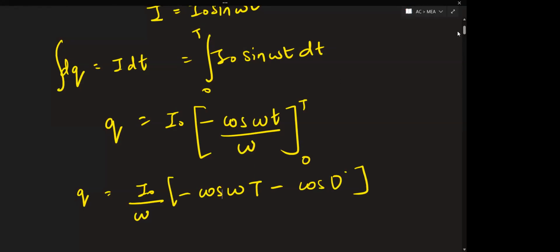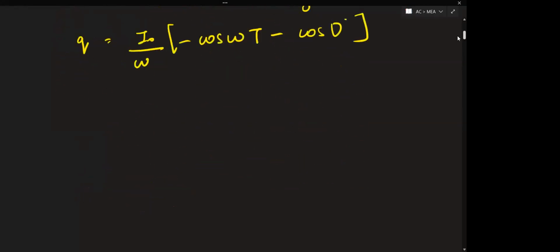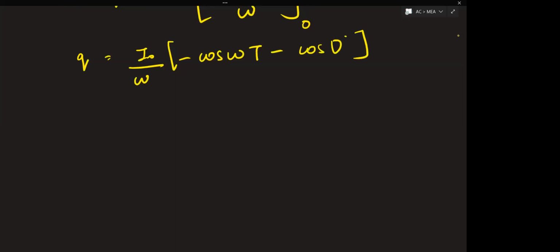Omega has a relation with the time period. Omega and time period have a relation with each other: ω is simply 2π divided by T.